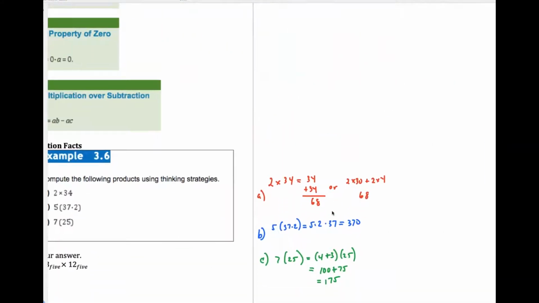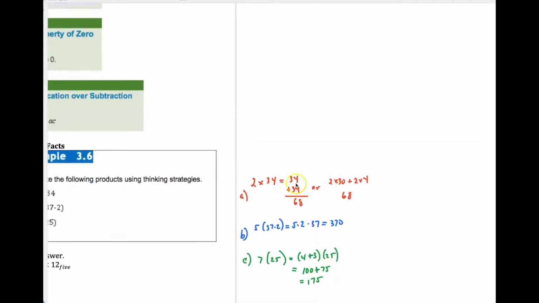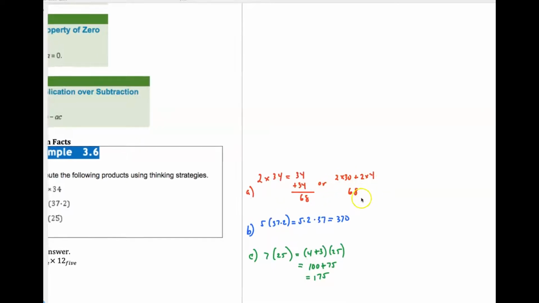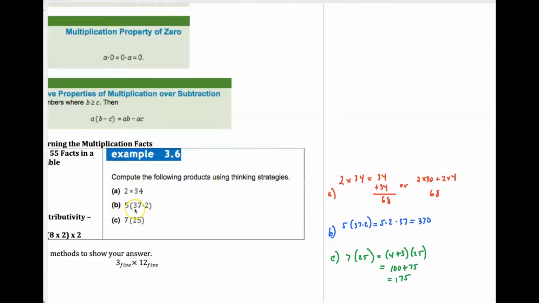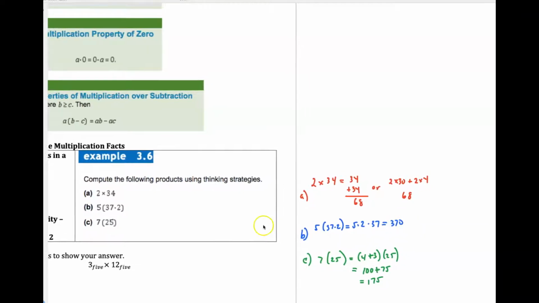Or just one way at least, 2 times 34 can be 34 plus 34. That's one way to do it. Or 2 times 30 plus 2 times 4. For 5 times 37 times 2, what you can do is rearrange the 2 and the 5 using the associative property, and so you get 10 times 37, or 370.